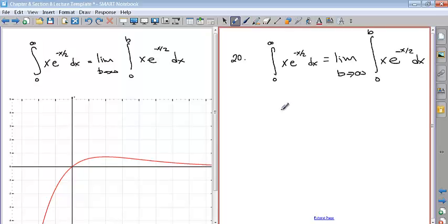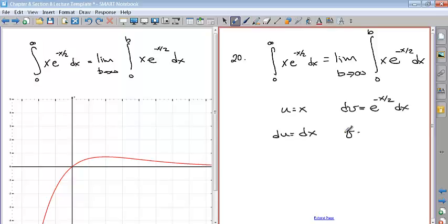And we will use integration by parts. So u is the part whose derivative is simpler than the original function, and dv is the rest of it, e to the minus x over 2 dx, the more complicated part that we can integrate.